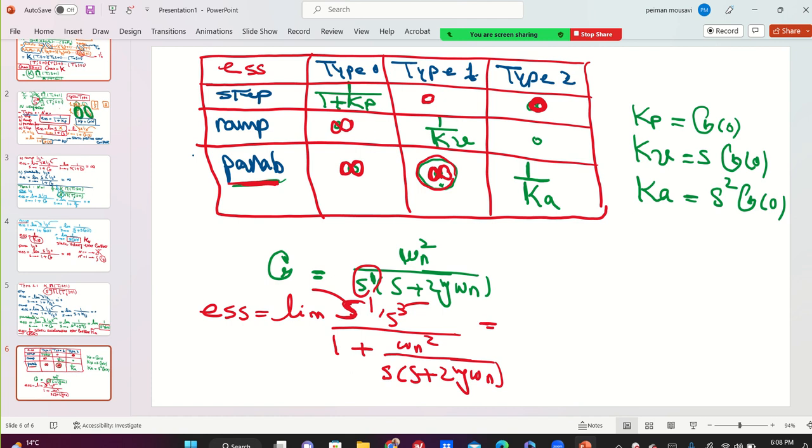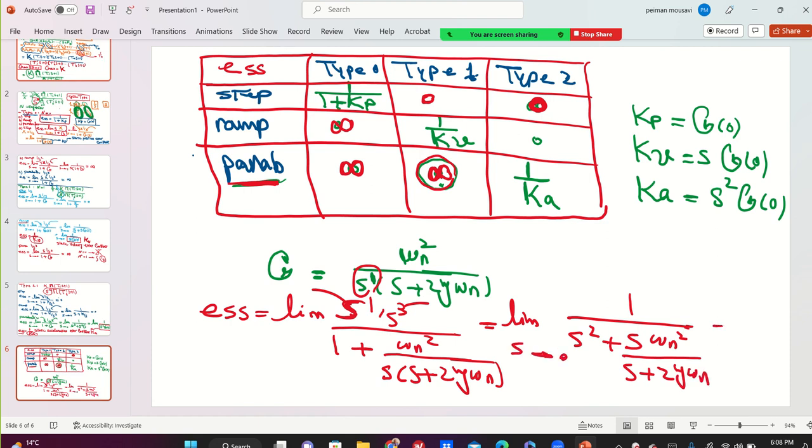With this, it becomes 1 over s squared, over s squared plus s omega n squared, over s plus 2 zeta omega n. 1 over 0, infinity. If you apply ramp, it's going to be 1 over Kv. Apply step, it's going to be 0. Understood, everybody? So this is the mass spring damper that I taught you step by step.